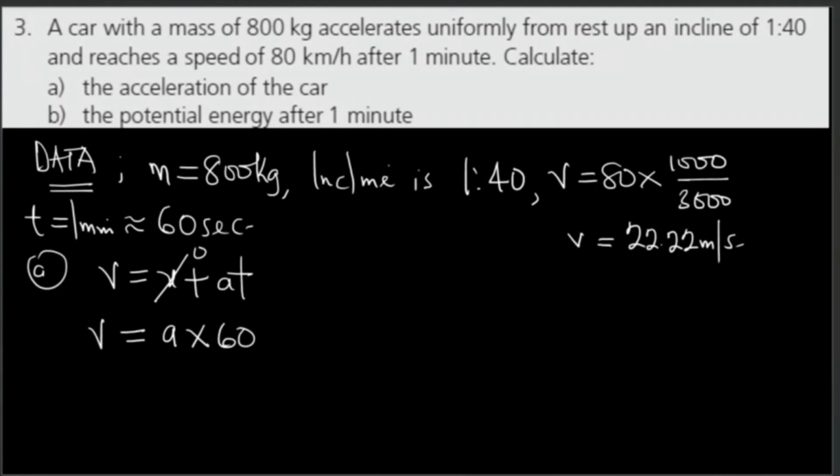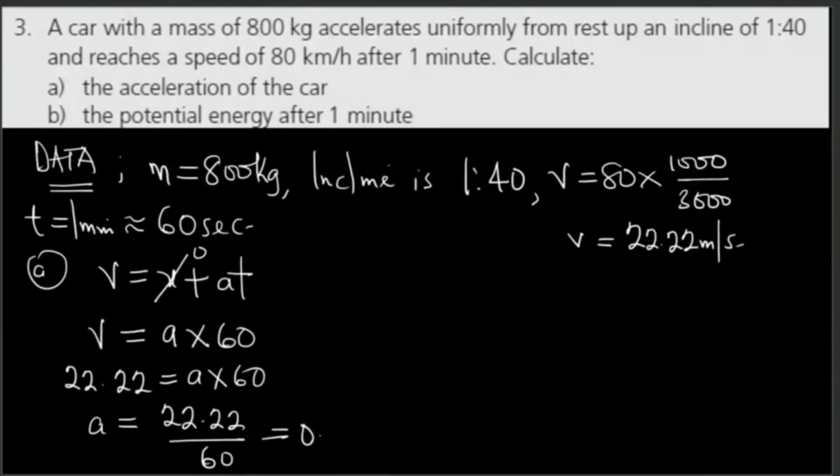So v is 22.22 meters per second, equal to acceleration multiplied by 60. We divide both sides by 60. It's going to be 22.22 divided by 60, which is 0.37 meters per second squared. Okay, so what will be the potential energy after 60 seconds? That's the potential energy after 1 minute.